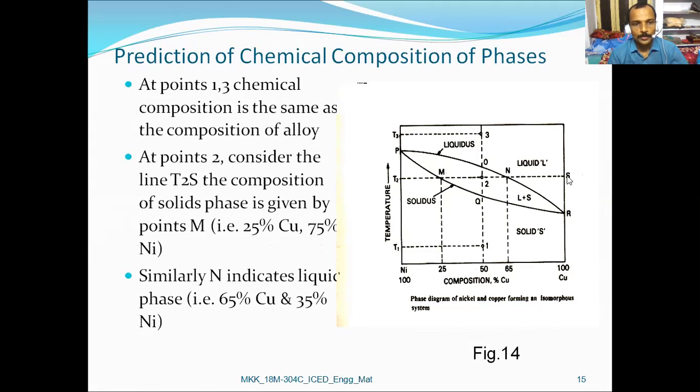The composition of the solid phase is given by M. So at M, we have 25% of copper and 75% of nickel. And similarly, N indicates liquid phase. So this is the N, where 65% of copper and 35% of nickel are observed.